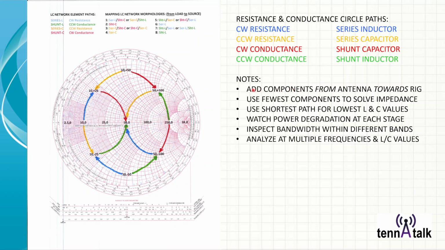Remember that we are adding components from the antenna towards the rig at all times. We want to use the fewest components to solve the impedance. We want to use the shortest path to get the lowest LC values. And then we want to watch the power degradation at each stage. We want to look at the bandwidth within different bands. And we want to analyze multiple frequencies and LC values.